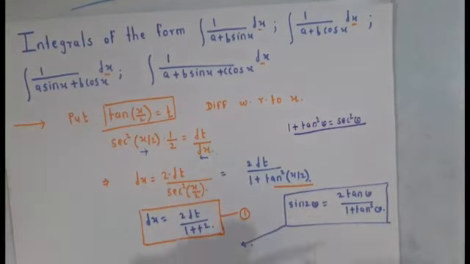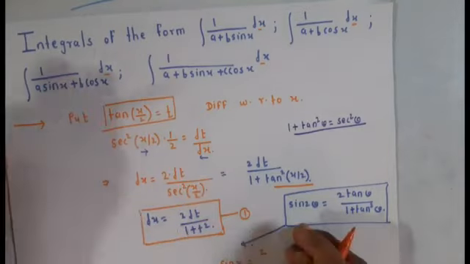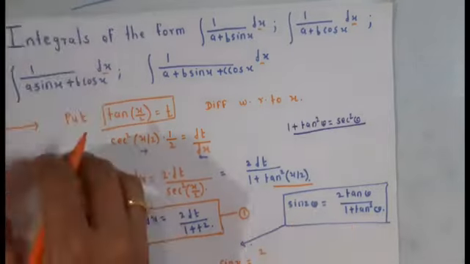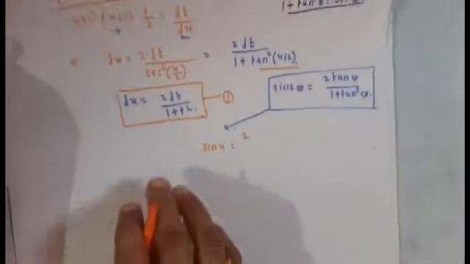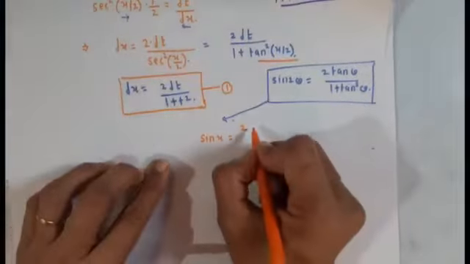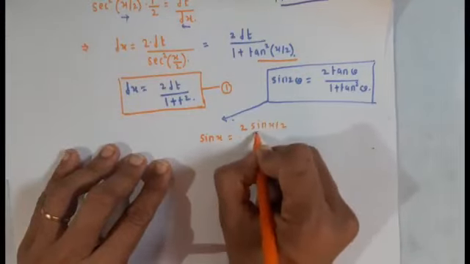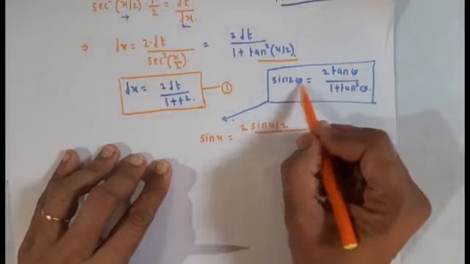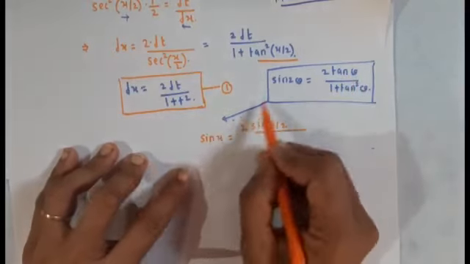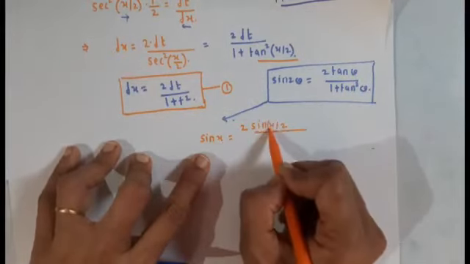Here we use the half angle formula: since it is sin x, x by 2 is there.